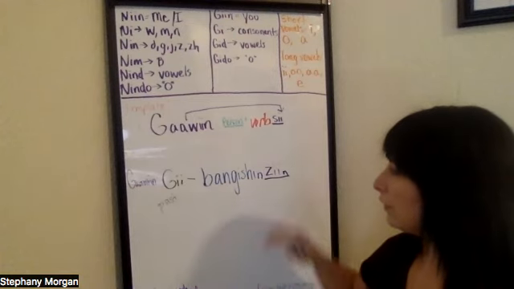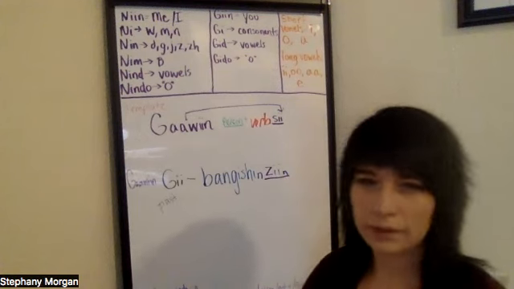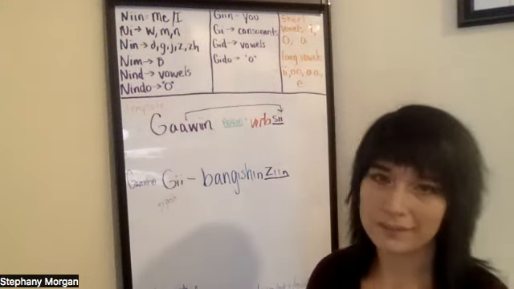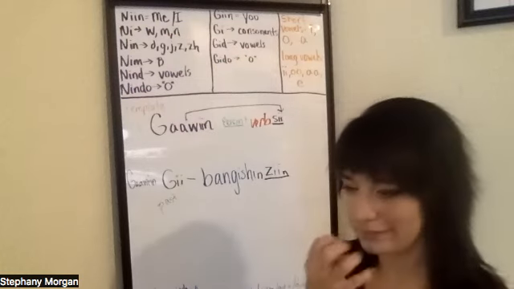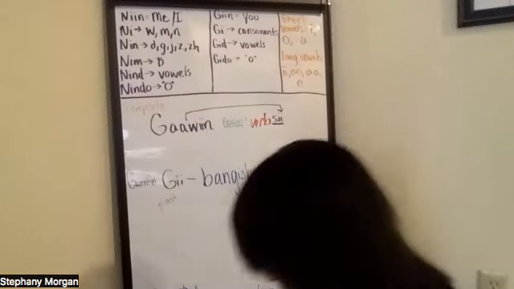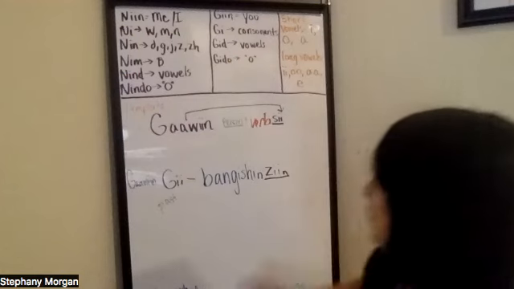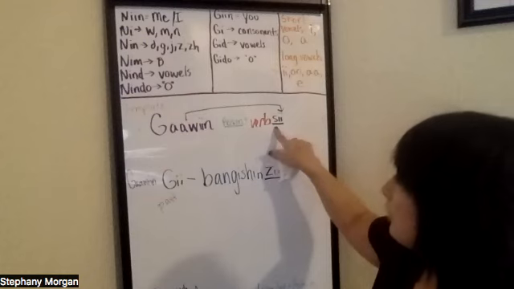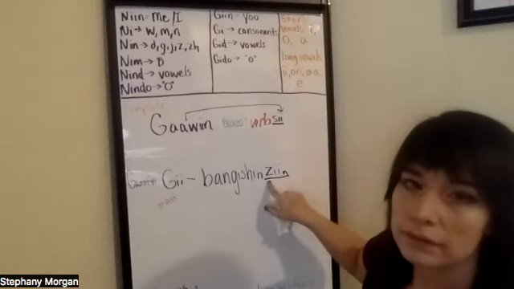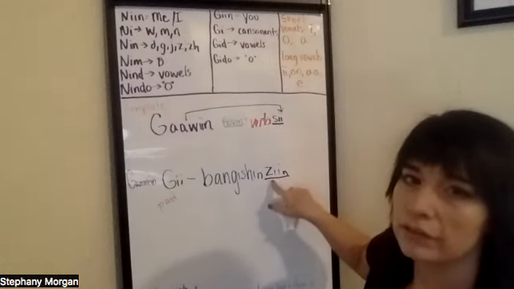Gaawiin, gi-bungishin, zin. And think of it as it's just a lot easier to say. Try and say gaawiin, gi-bungishin, si, and it's harder. So if your verb ends with an n, the s turns to a z. The s sound turns into a z sound.